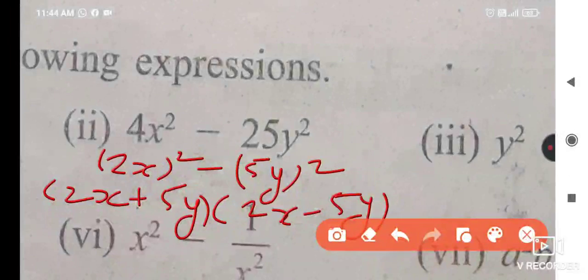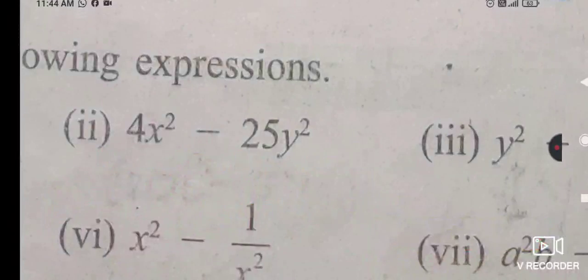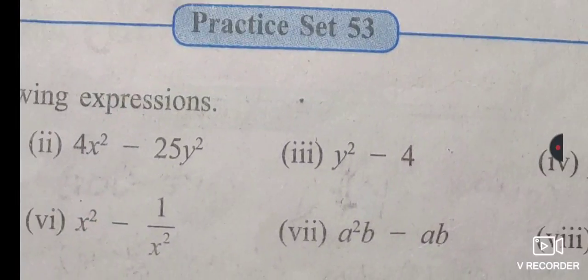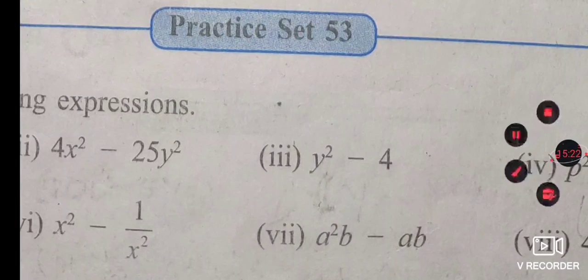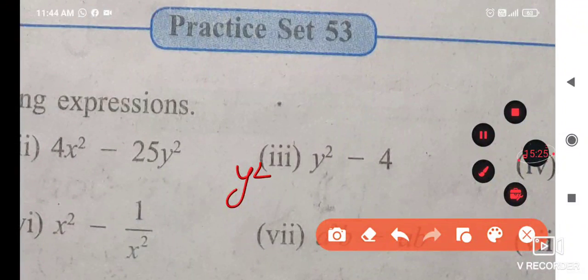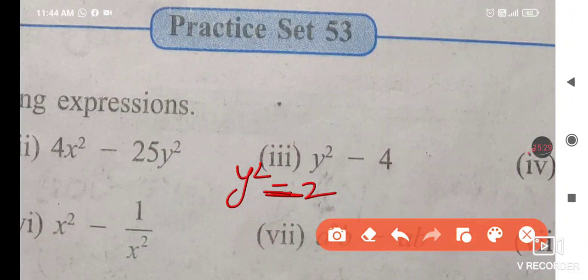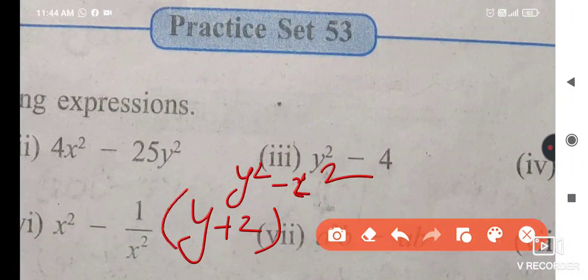The next question, question number 3, is also very easy. y square minus 4: 4 means 2 square. And now you solve this as y plus 2 and y minus 2. In this way you solve the 3rd example.